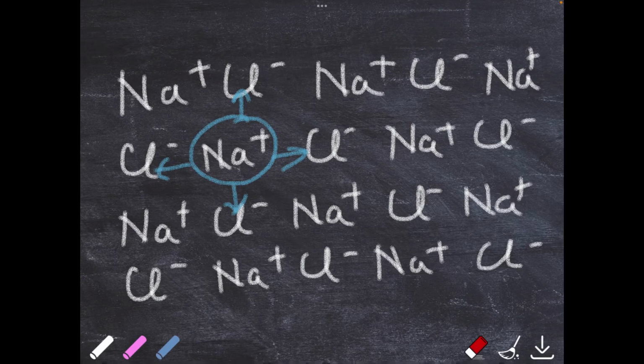Same way, if we look at Cl minus here, it is attracted by Na plus on the right hand side, it is attracted by Na plus on the left hand side. So net attraction is 0. It is attracted by Na plus on top and from the bottom. So again net attraction is 0. So Cl minus again does not have any particular orientation. So Na plus Cl minus, as a result, is non-directional in nature.